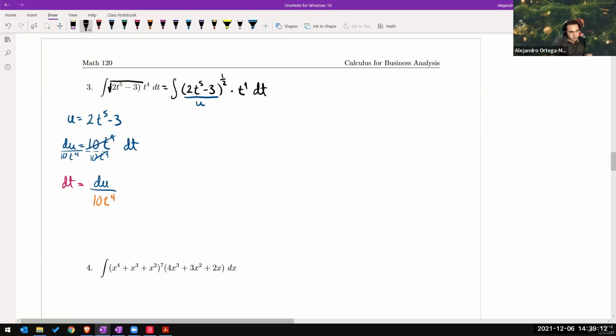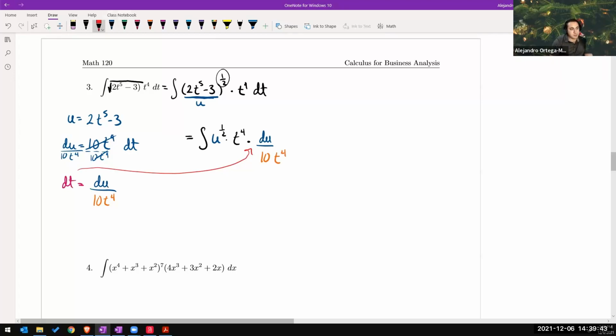So according to our values here, the substitution is looking like the integral of u to the 1/2 power times t to the 4th, and the dt is being replaced here. And that's going to be a du over 10t to the 4th.